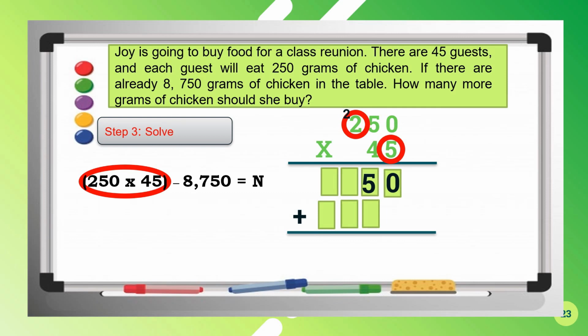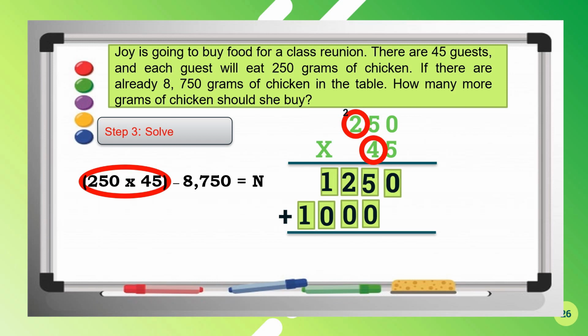Plus 2, the one that we carry, is equal to 12. 4 times 0 is equal to 0. 4 times 5 is 20. Write 0 on the partial product, then carry 2. Then 4 times 2 is 8, plus 2 is 10.